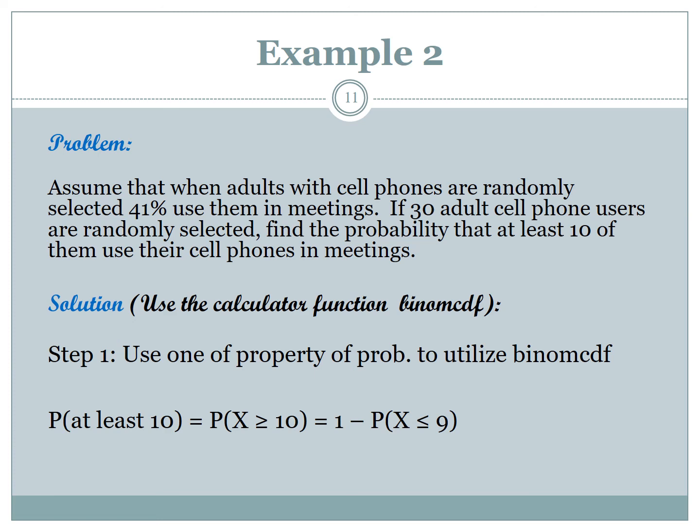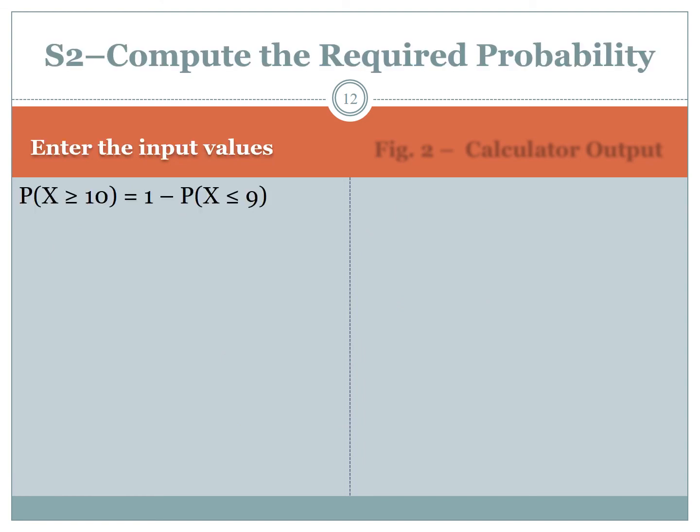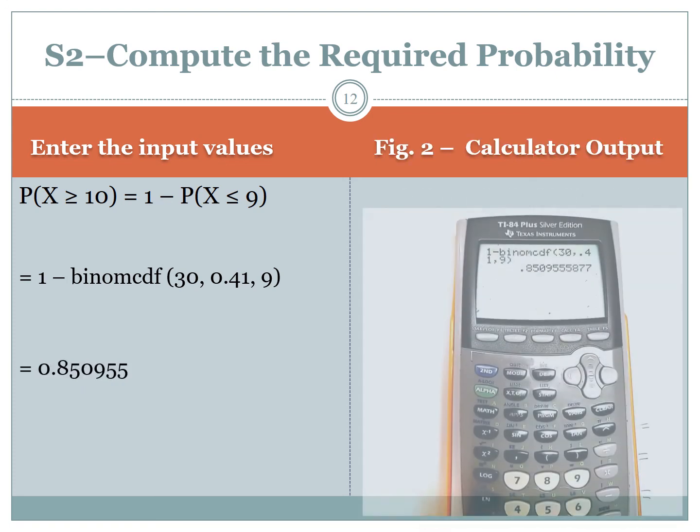Strictly speaking, the opposite of greater than or equal to 10 is less than 10. However, these are finite variables, so the probability of x greater than or equal to 10 is 1 minus the probability of x less than or equal to 9. So let's go ahead and put those into the calculator. I'm bringing up the calculator now so you can see.